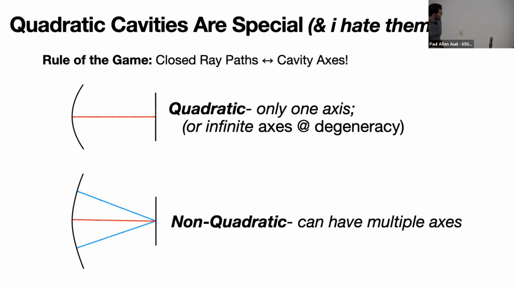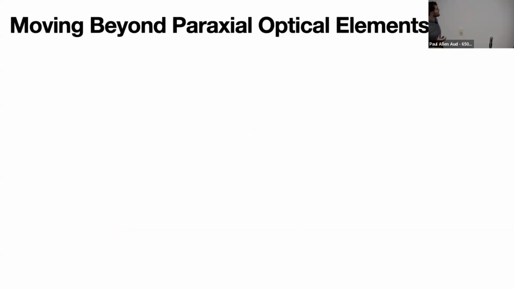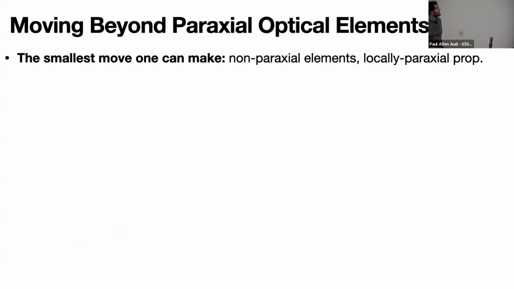So this is sort of the philosophy that we've been working towards: move away from these quadratic paraxial optical elements and see what new capabilities come from that. So the smallest move you can make is to have non-paraxial optical elements, non-quadratic elements, but all of your optics is paraxial.